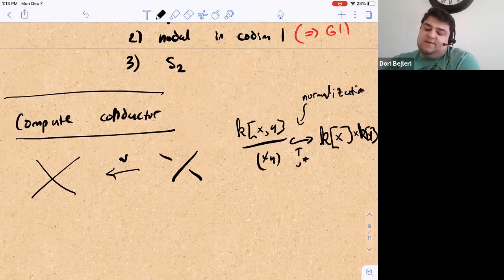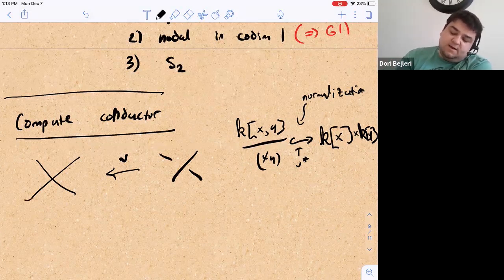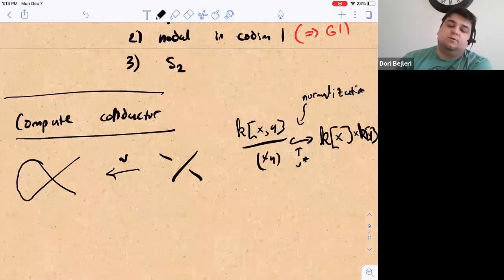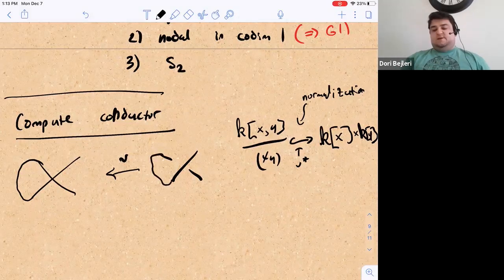So now you can compute either algebraically what happens here, or you can think about the global case of a single node inside of say a nodal cubic. I think that case is easier for me to think about because the conductor is something local around the non-normal locus. If we compute it in this example, then we'll see what the conductor is. It'll be supported over the nodes, and that'll tell us what it is.